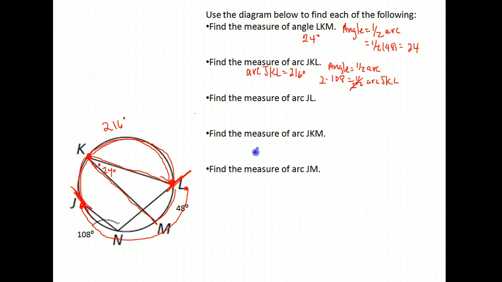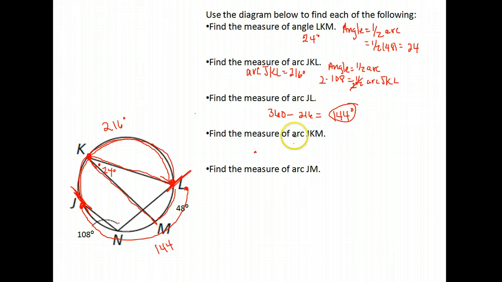So how many degrees are left in the circle? It's going to be 360 minus the 216 degrees that we had for the rest of it. And when we do that, we get 144 degrees. So from J to L is 144.